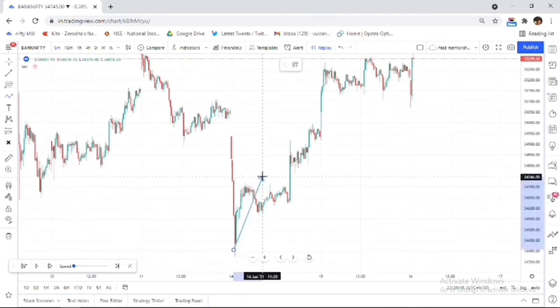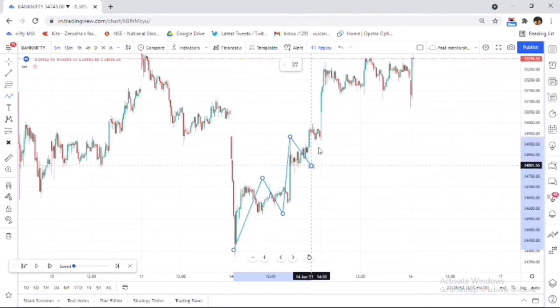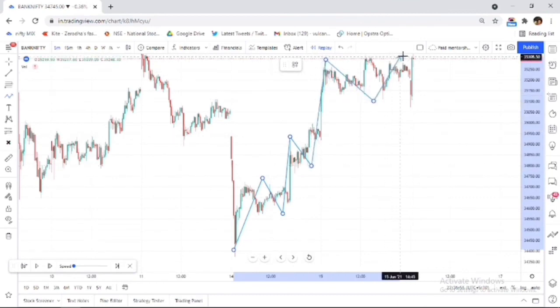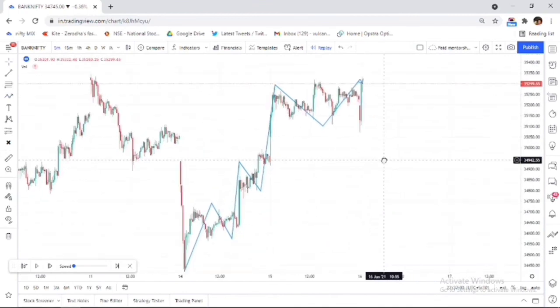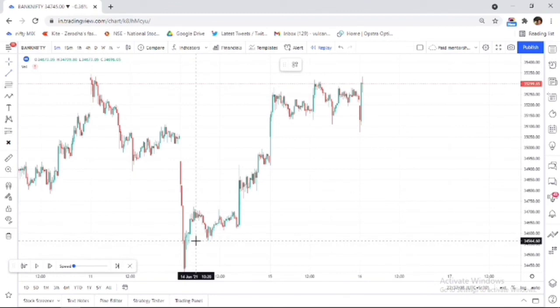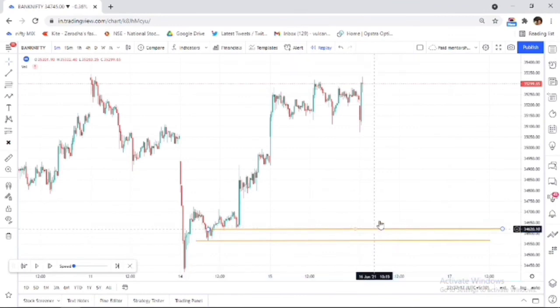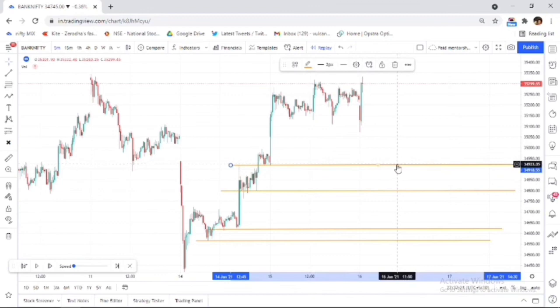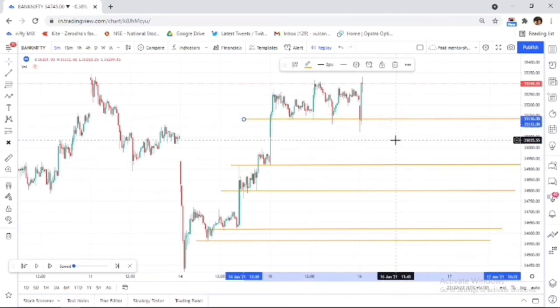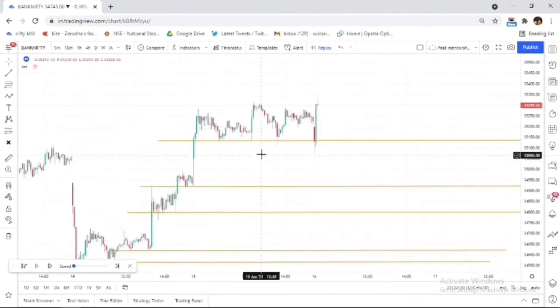Now try to see, the market is moving upside, making higher highs and higher lows, and at some point the market just breaks the structure and goes for the stops of the higher lows. Now I will mark all the higher lows and just watch and let the market go.